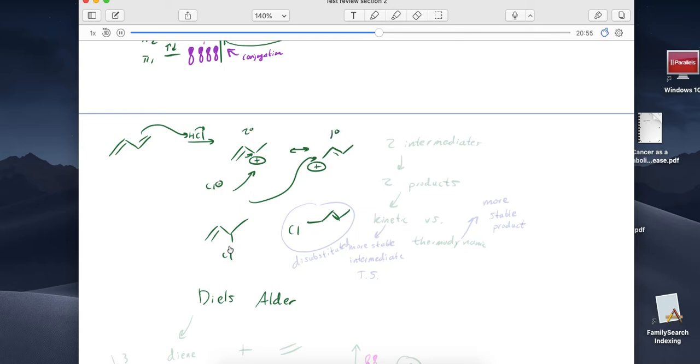Because we generate 2 intermediates with different stability, we have the potential to make 2 distinct products. And this is where we get into kinetic versus thermodynamic.